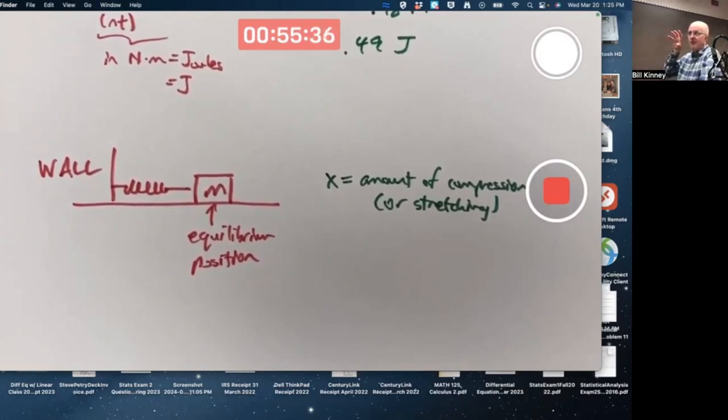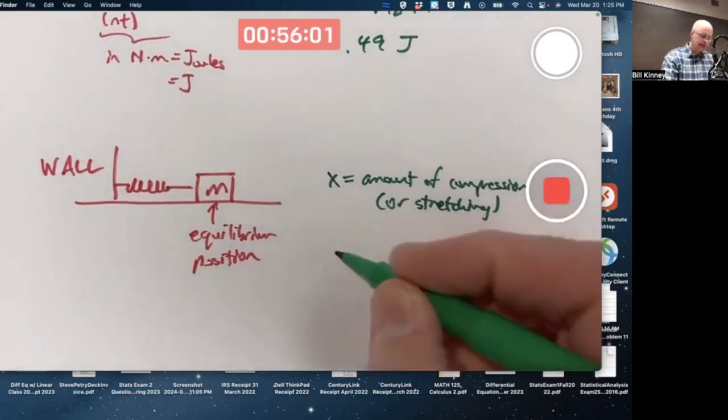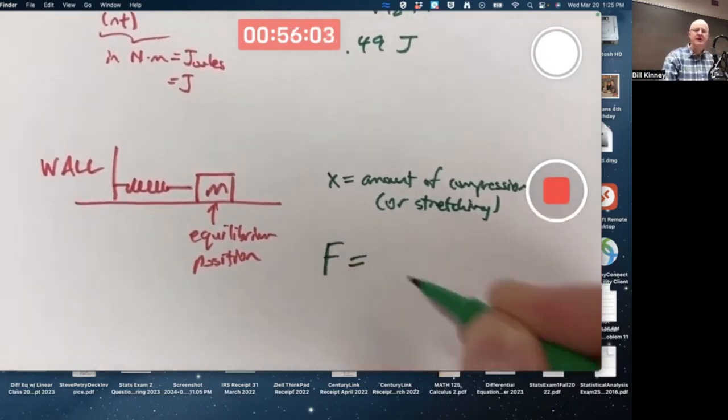If we're going to stretch it and hold it somewhere and not let it go, we have to apply a force against the spring as well. And that depends on how far it's been stretched. The further it's been stretched, the more force we have to apply to hold it in place. That force is proportional to the amount of stretching.